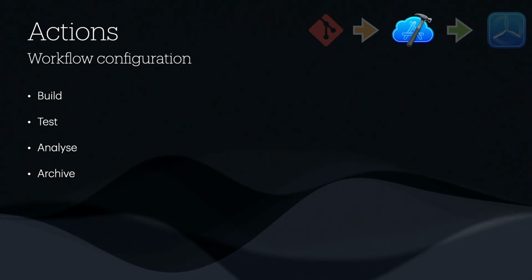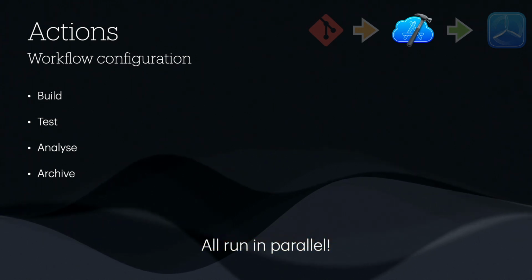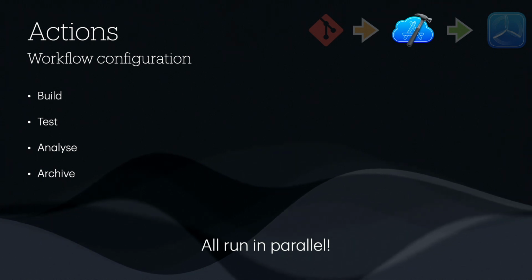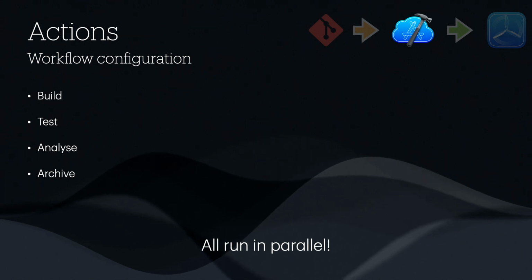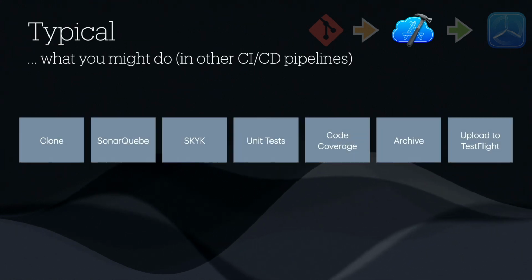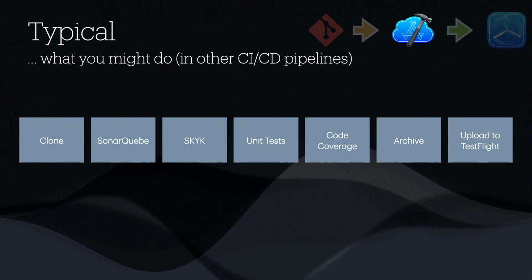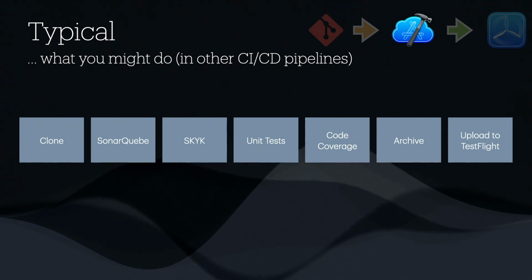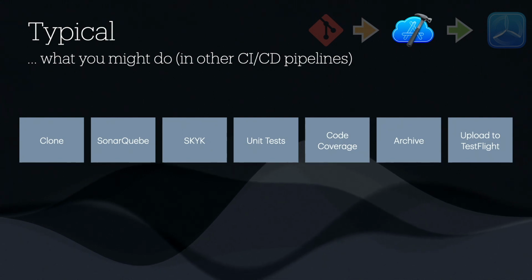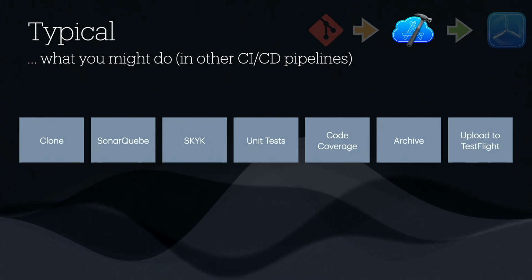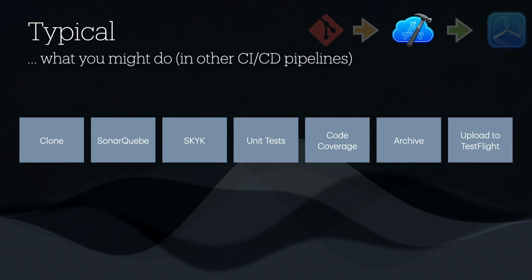One thing which is interesting is it forces you to run these all in parallel as opposed to other CI/CDs, which you probably have configured to be linear. Like the typical CI/CDs, you might have a flow where you clone, you run a bunch of tools, you run your unit tests, you're happy, you upload the code coverage somewhere, and then you archive and you distribute using Testflight.